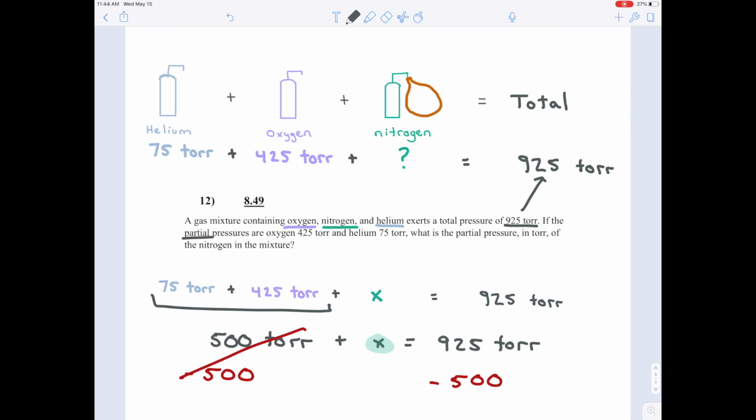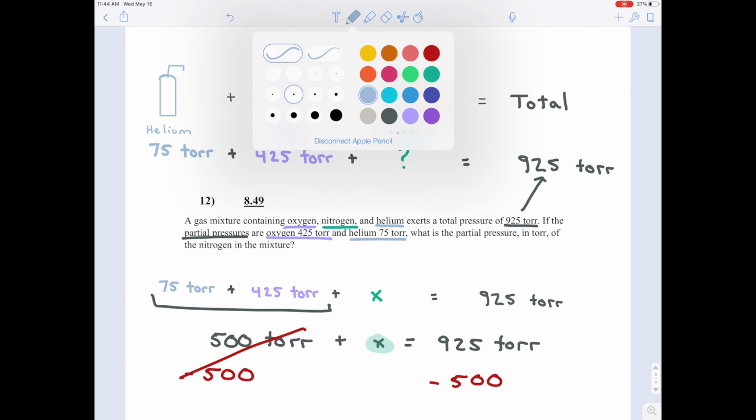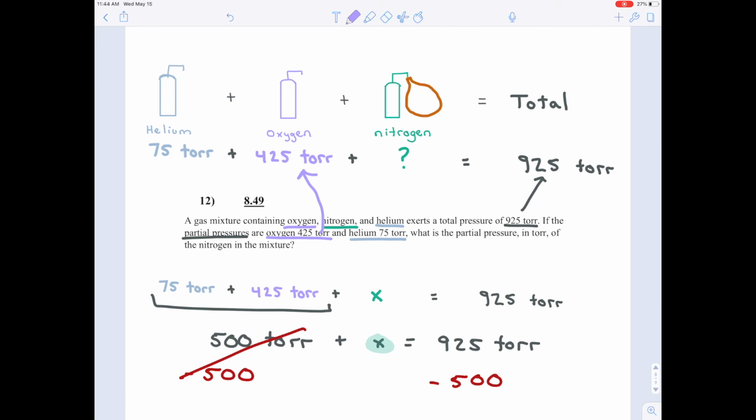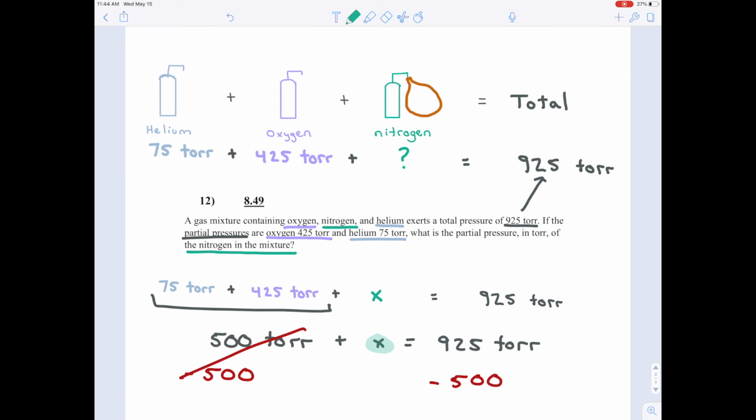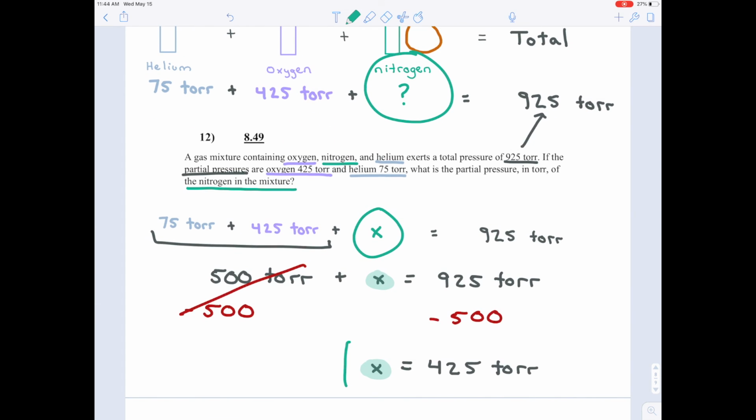If the partial pressures, because all of the gases are exerting pressure, the pressure from just one gas is not the whole pressure, it's just part, so it's called a partial pressure, for oxygen are 425 torr, and 75 torr for helium, then what is the partial pressure in torr of the nitrogen? And that's what we solved for. For the partial pressure of nitrogen, it would have to be 425 torr.